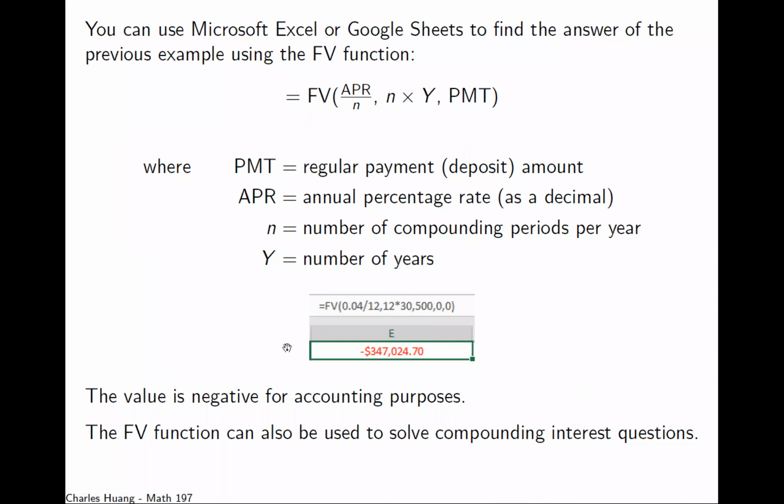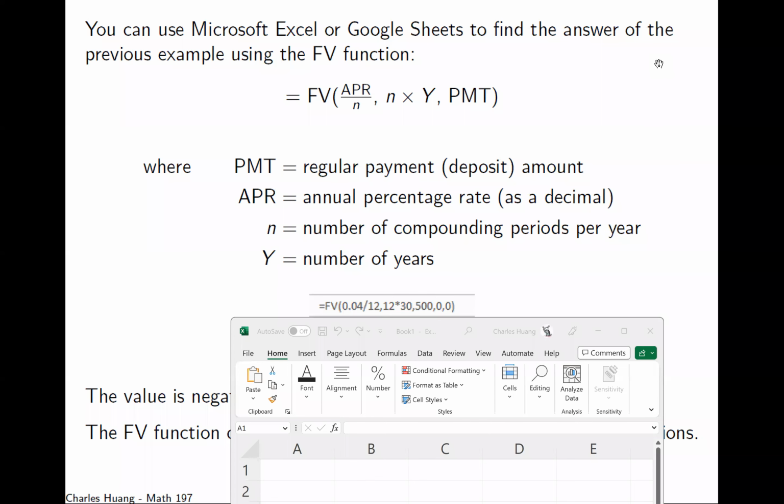There's a different way to do these calculations. If you're working with accounting or working in finance, they typically have some sort of spreadsheet that you can use. So you can turn on Microsoft Excel or a Google Sheet. In Microsoft Excel, you can simply put in the formula that's pre-designed for you, and we use FV to represent future value, how much money we'll have in the future.